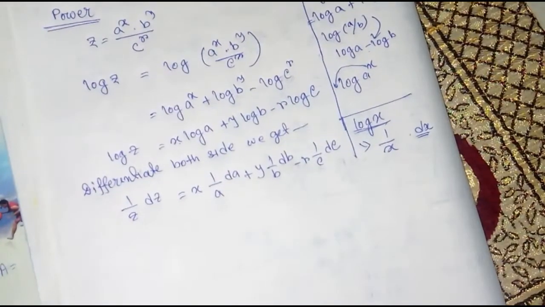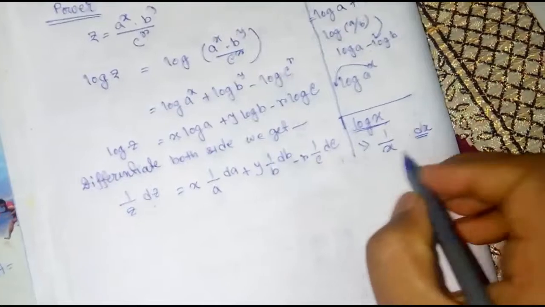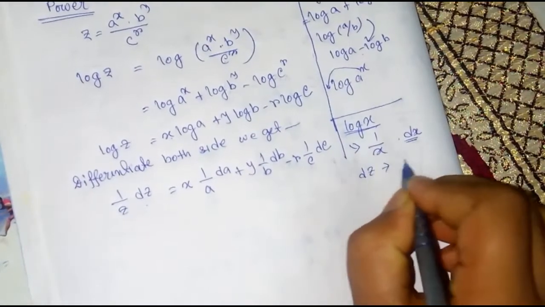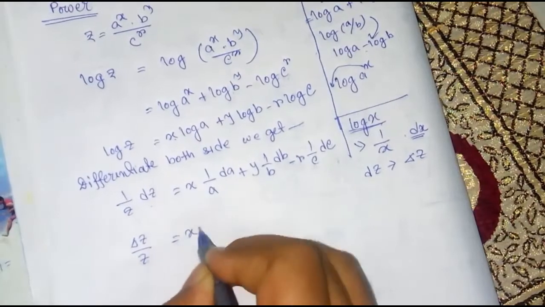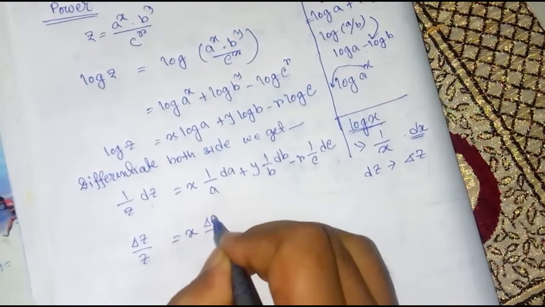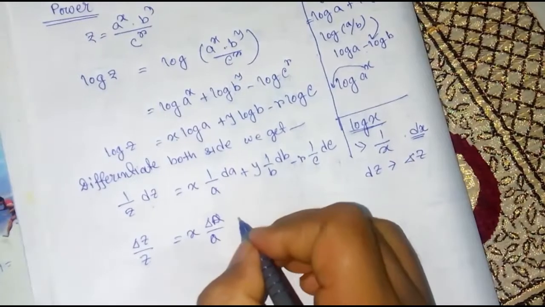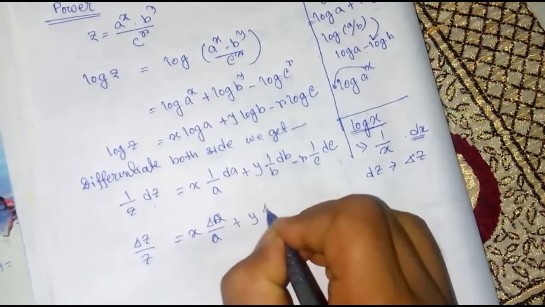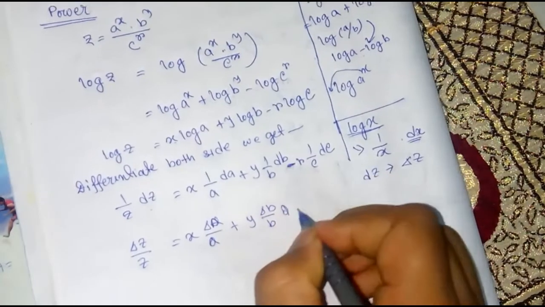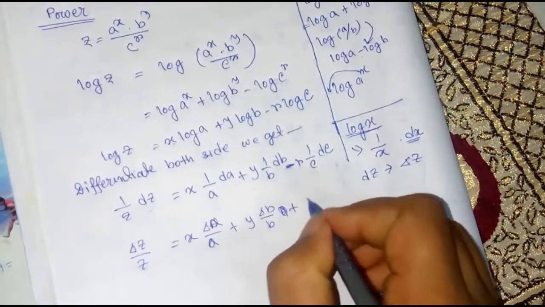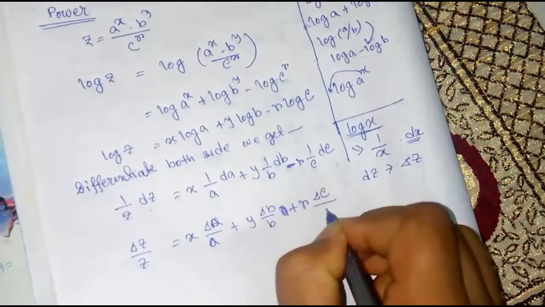So when we write in terms of error, dz will be written as delta z. So delta z by z equals x delta a by a, sorry, small a, plus y delta b by b. Here it is minus sign, but in the error all is plus sign, so we have to write in plus sign. So delta c by c.